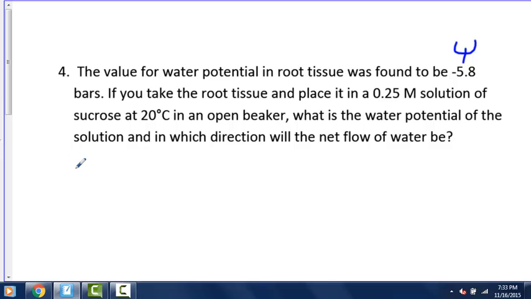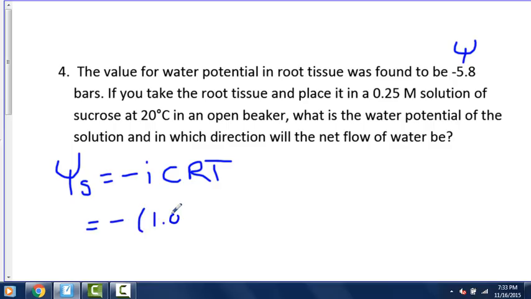So what I'm going to have to do is figure out the water potential of the solution. So that's equal to negative iCRT. So negative i is 1.0, the ionization constant. C is the concentration, so that's 0.25.